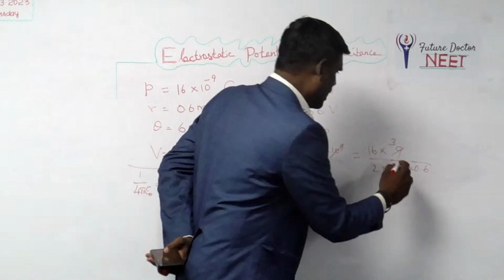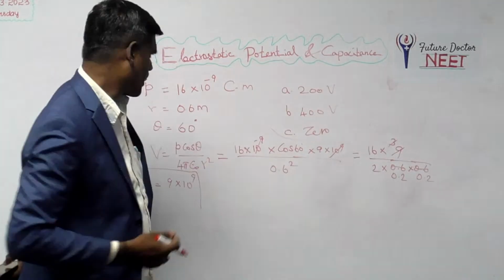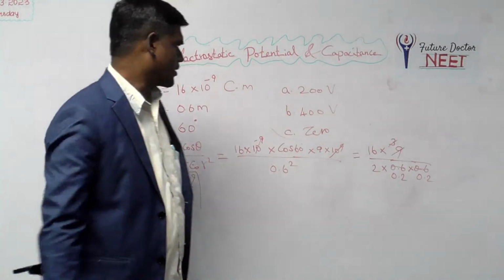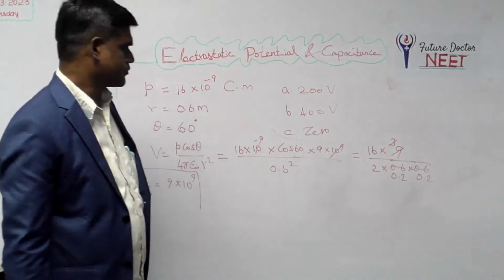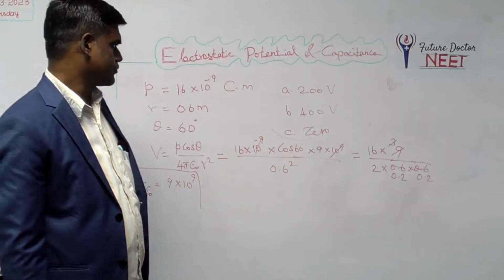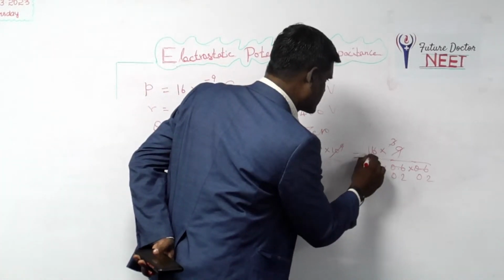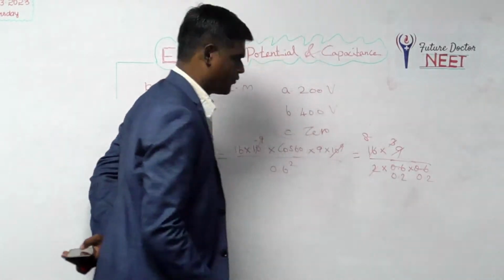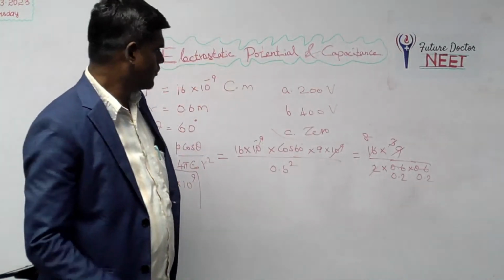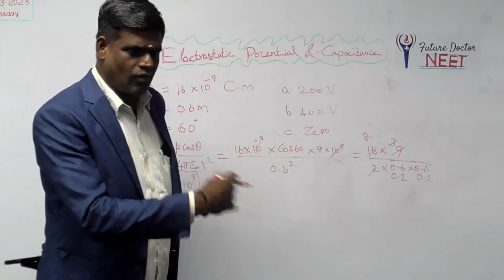Okay, again 3 6. Now you simplify. Simplify and say which is the correct option. Now 2 8 16, is it so? Try to cancel whatever possible things.